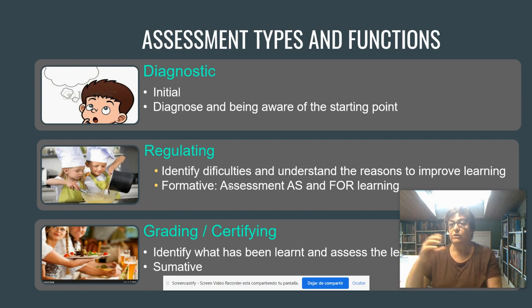We can also talk about the formative function of assessment, which is identifying the situation, the learning process that the student is carrying out, and helping them improve, be better at what he's doing. So we are talking about formative assessment, assessment as learning or for learning.